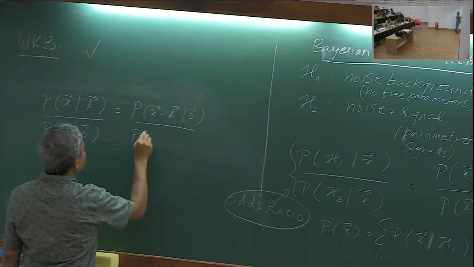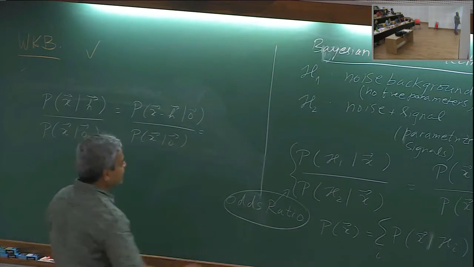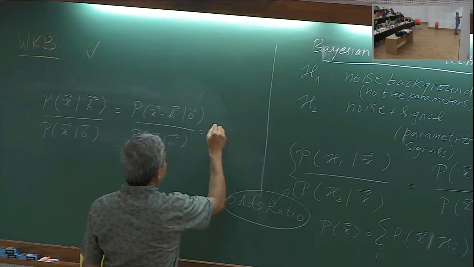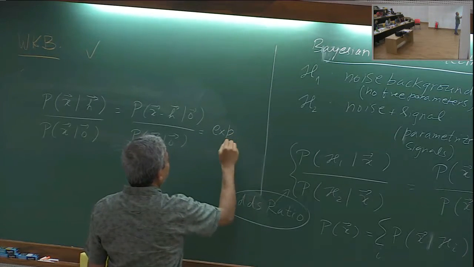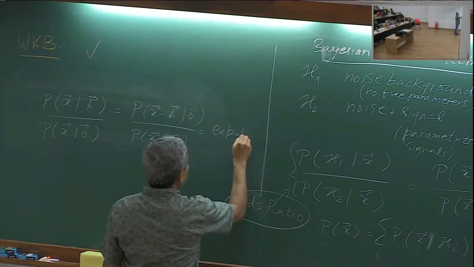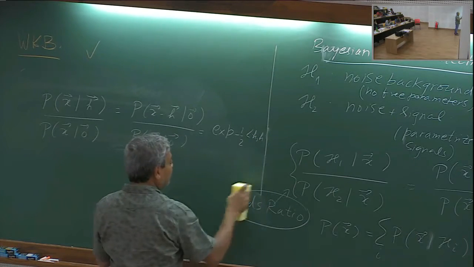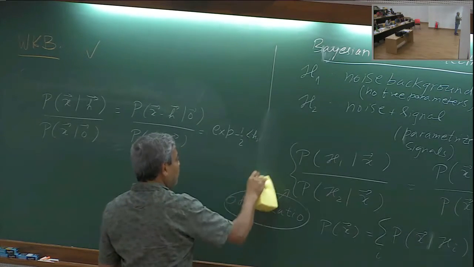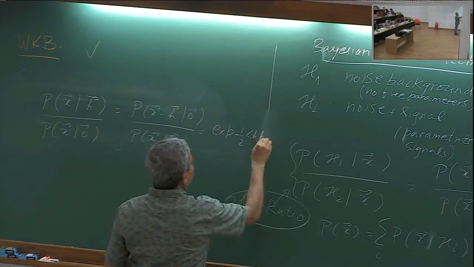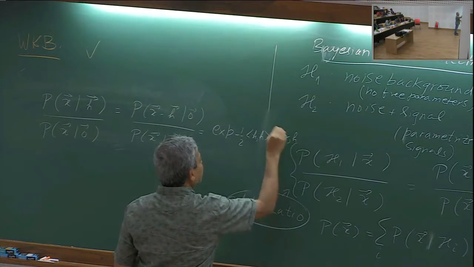It was this ratio that people compute when doing Bayesian analysis, and that was just exponential of minus 1/2 of h comma h plus x comma h.